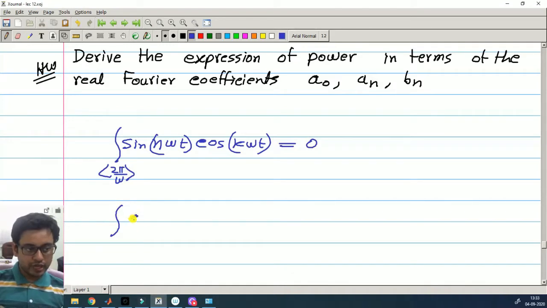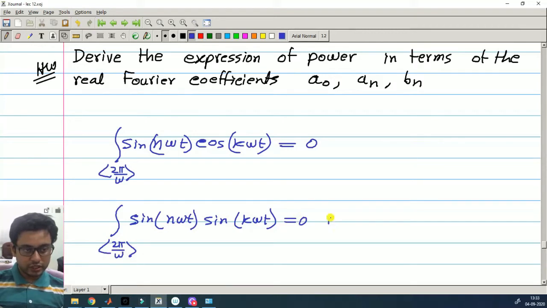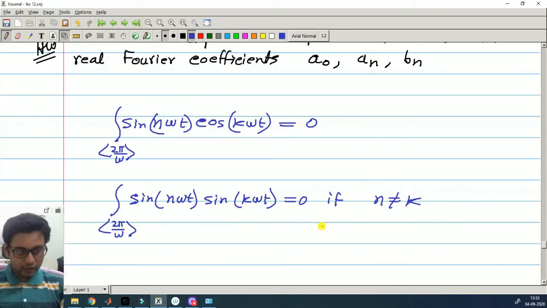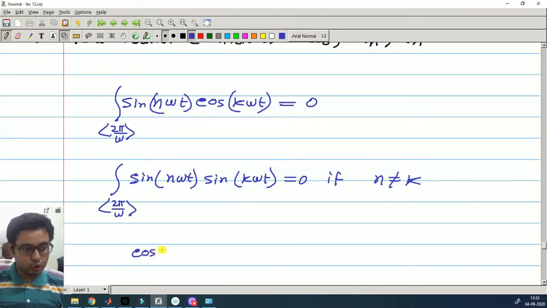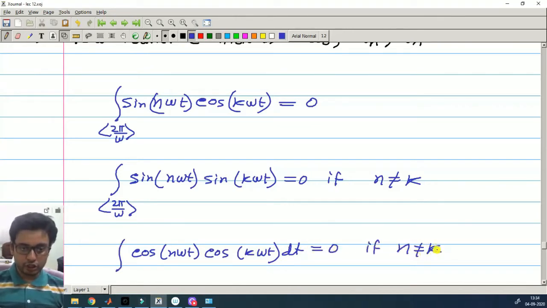And you know that sine n omega t and sine k omega t integrated over a complete period gives 0 if n and k are not equal, and similarly two cosine signals n omega t and k omega t integrated over a complete cycle give 0 if n and k are not equal.